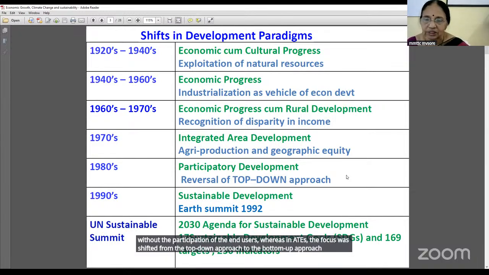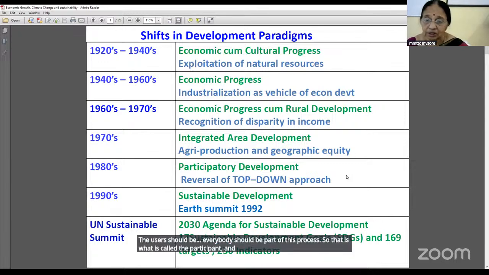That is what is called participatory development. The crux of participatory development is that development should take place with the people. The end user should be involved in the planning and in every part of the development process. Everybody should be part of this process.